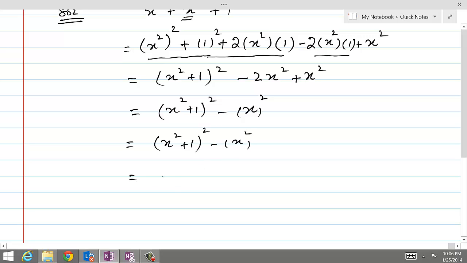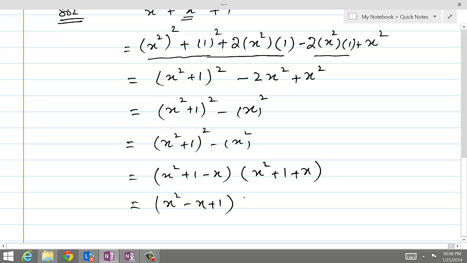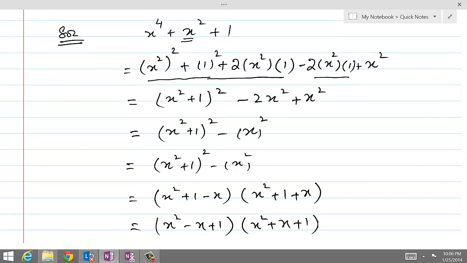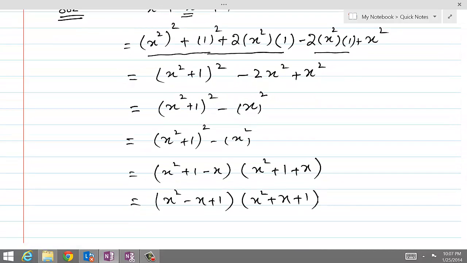Same thing again: (x² + 1 − x) and (x² + 1 + x). Rearranging, this becomes (x² − x + 1)(x² + x + 1). So x⁴ + x² + 1 can be reduced to these two factors, and this is a very important technique for the factorization of polynomials.